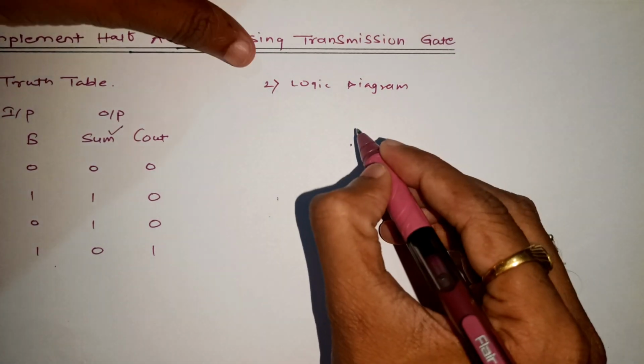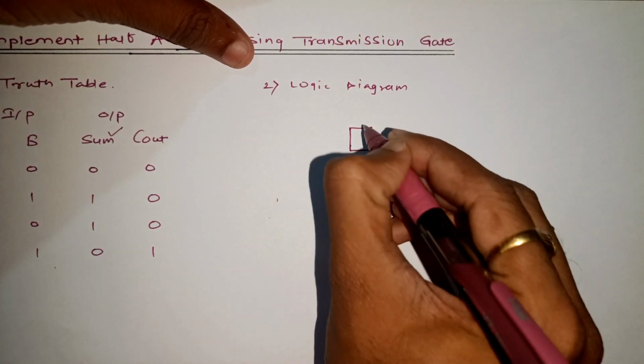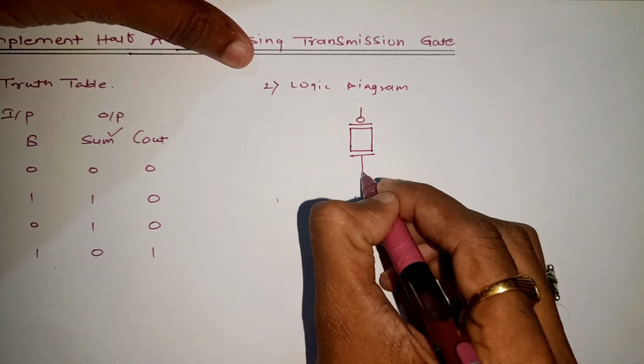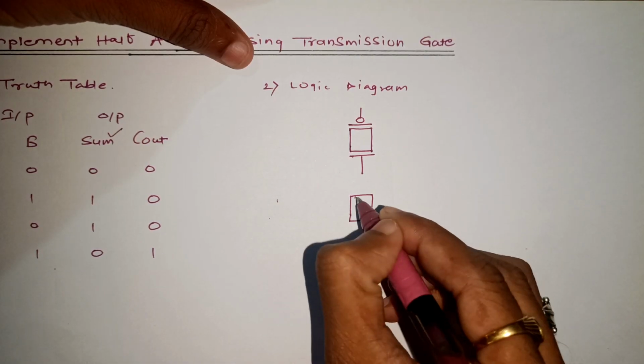So here we'll be drawing a set of transmission gates. This is our first transmission gate, and this one is second.